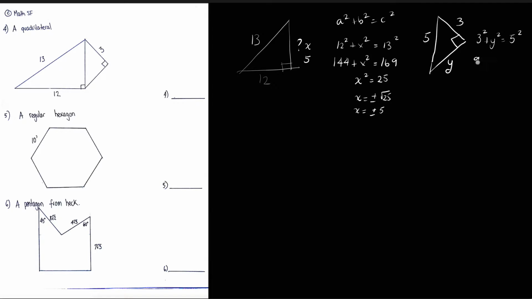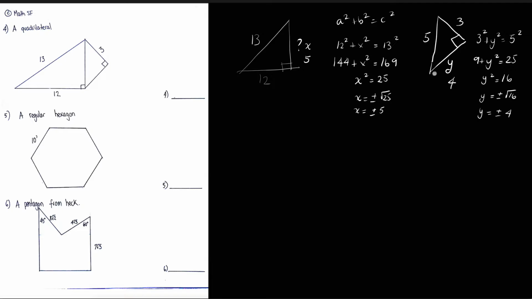Now 3 squared is 9, plus y squared equals 25. Subtract 9 from each side, you will get y squared equals 16. Therefore, y equals plus or minus the root of 16, which is plus or minus 4. But because we're dealing with sides, this should be 4.